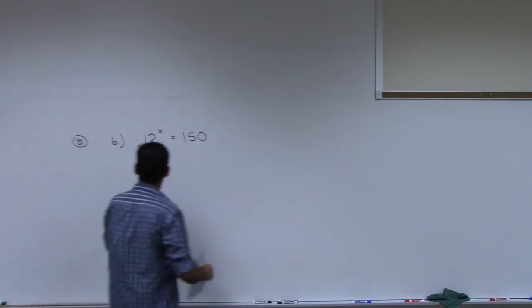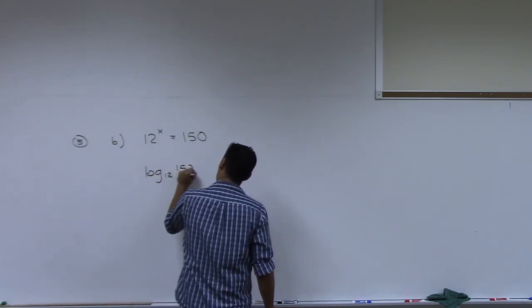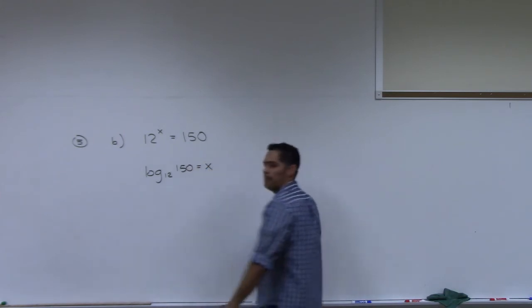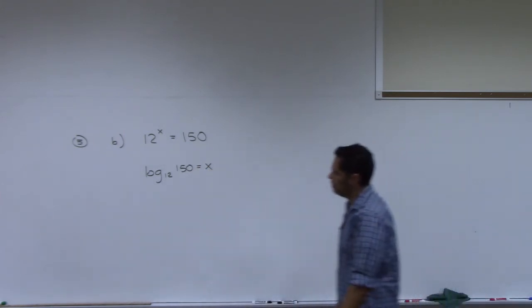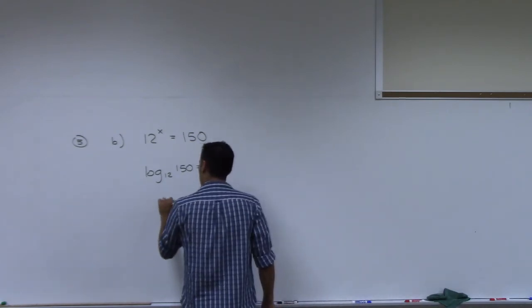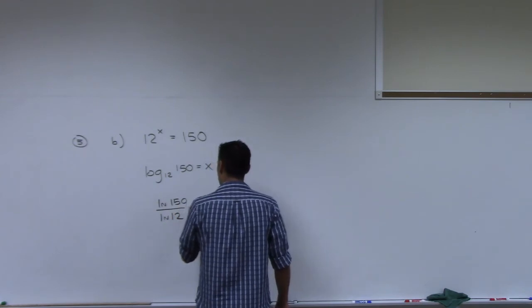Let's see. Rewrite this in log form. Log base 12 of 150 equals x, right? And then if I rewrite that using the change of base form, natural log 150 over natural log 12 is x.